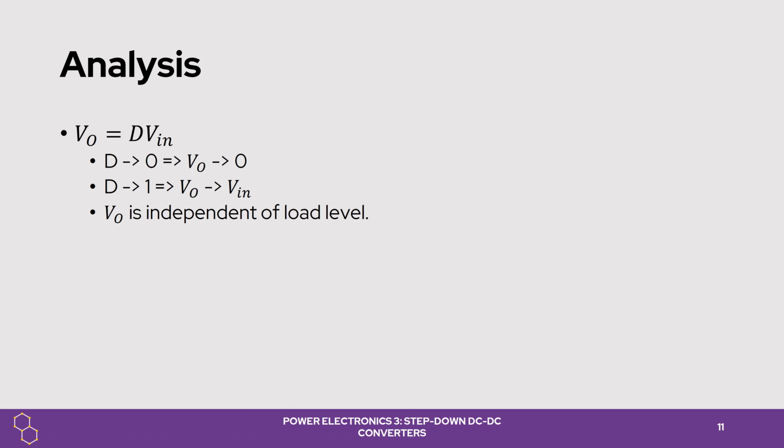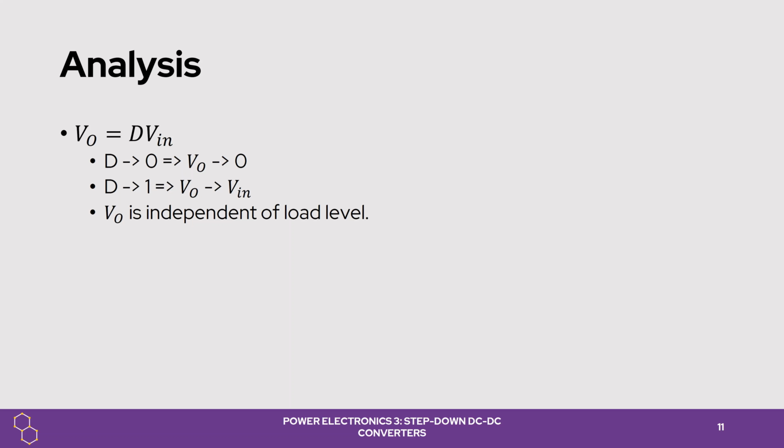That's logical, because the transistor would be an open circuit and there is no voltage input. And when the duty cycle is equal to 1, that means that the transistor is always conducting, which means that it's basically no use for it.